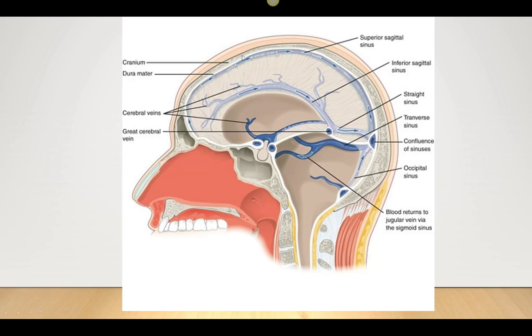So far you have the superior sagittal sinus, inferior sagittal sinus, and straight sinus. Now, in this place that you see, you have the confluence of sinuses. It means that this superior sagittal sinus that comes from up on the lower part continues with the occipital sinus.